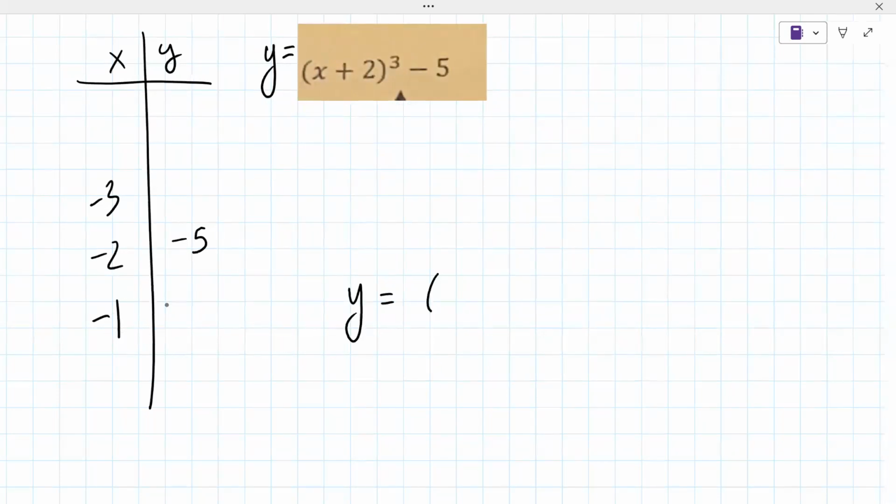y equals (-1 plus 2) to the power of 3 minus 5. So you have to work the part inside parentheses, then cube it, then subtract 5.